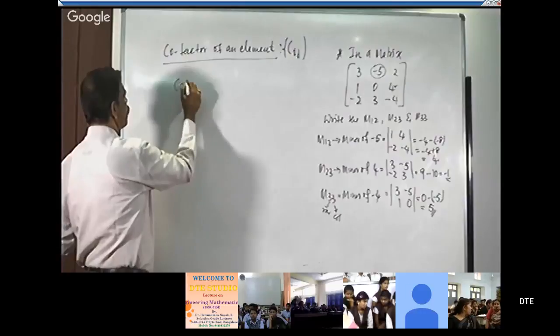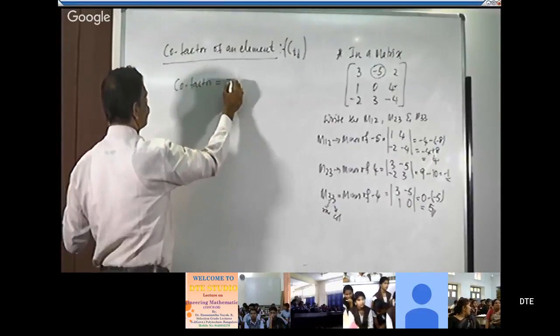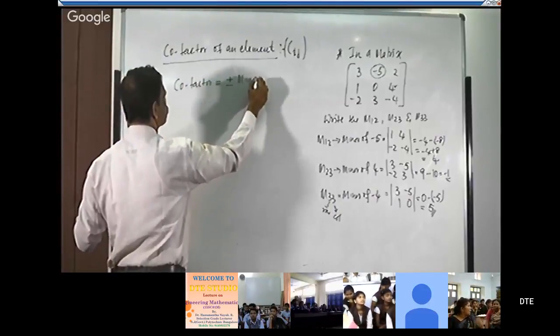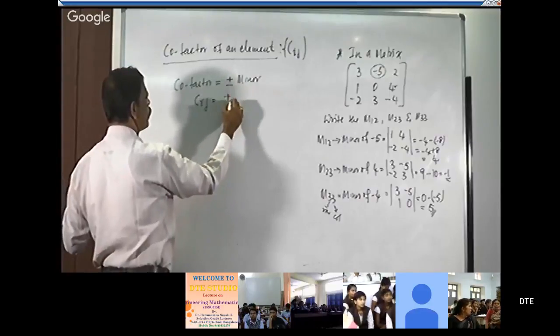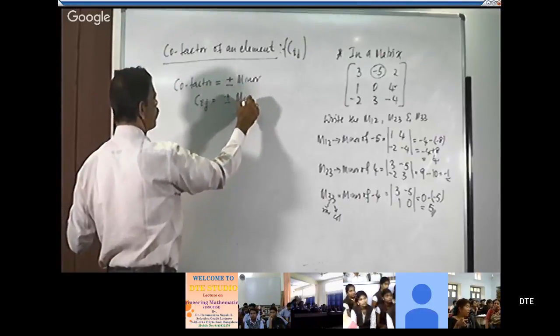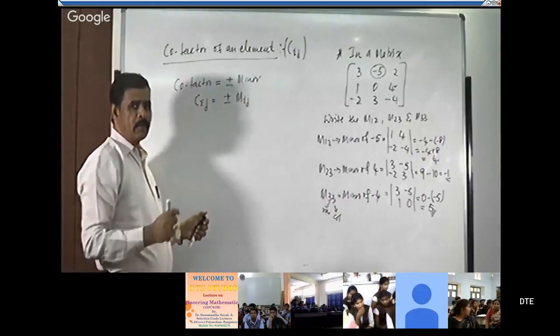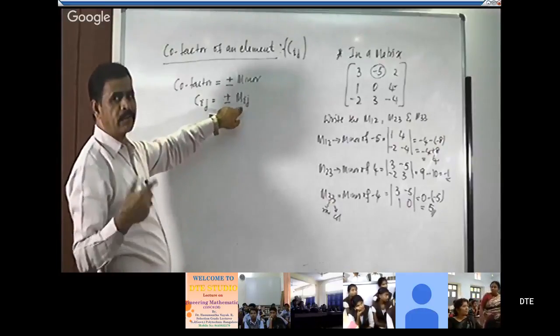Simply, cofactor can be taken as plus or minus of minor. That is, Cij is equal to plus or minus of Mij. Cofactor of an element will be the minor of the element or minus of the minor of the element.